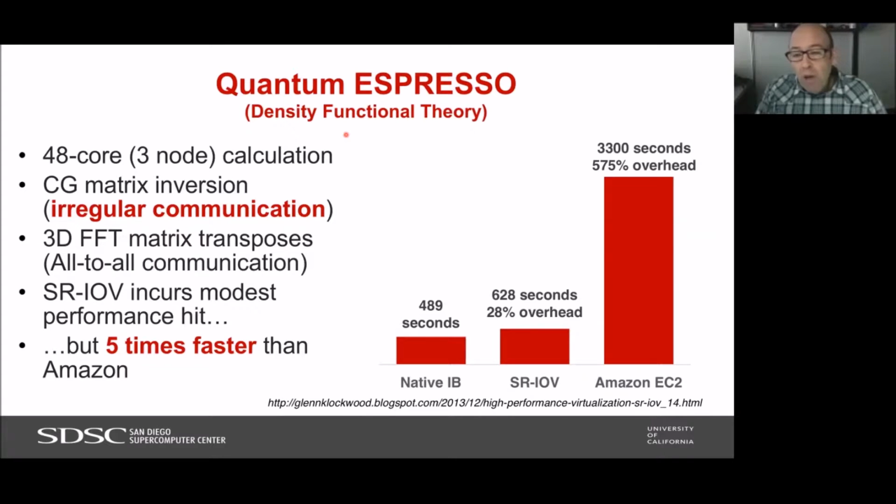There's a small penalty and overhead running in virtualized mode on our system, but if you look at the graph compared to what you could get on Amazon EC2 at the time of this research, it's much faster and almost as fast as native performance for doing MPI on the IB side in COMET.